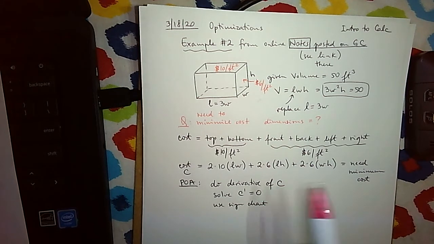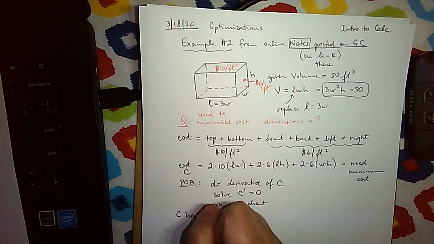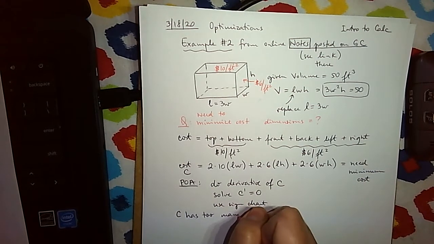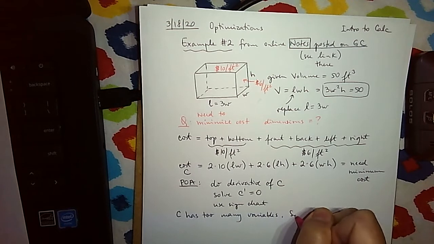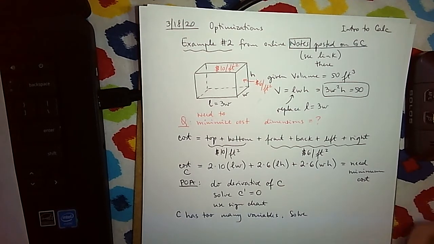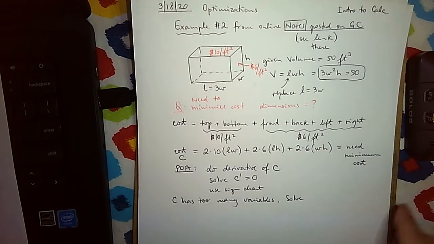So to start, we have way too many variables here. So I'm going to say C has too many variables, which means we are going to try to solve for something that might be possible to eliminate.